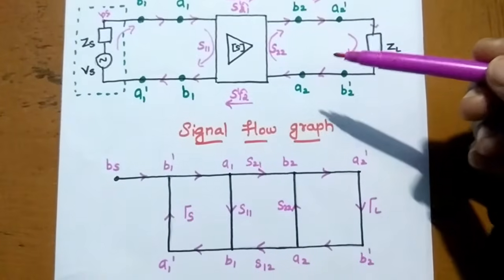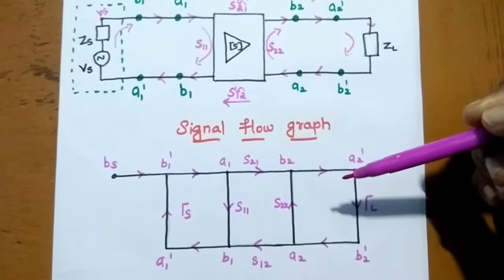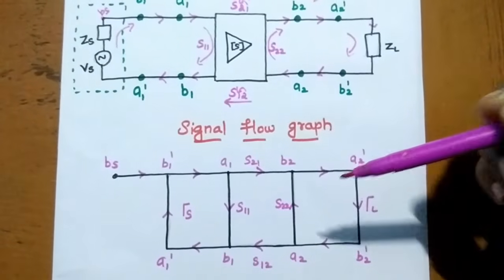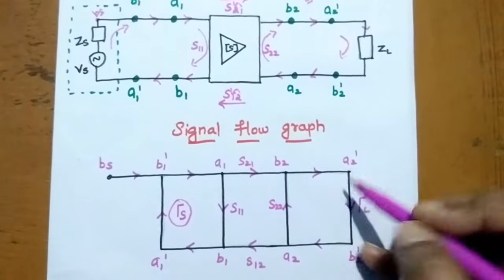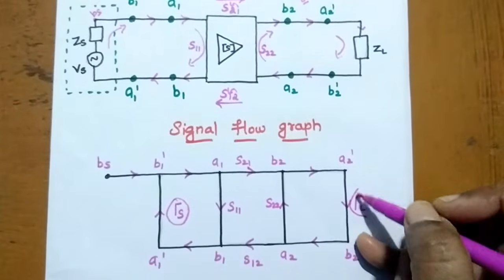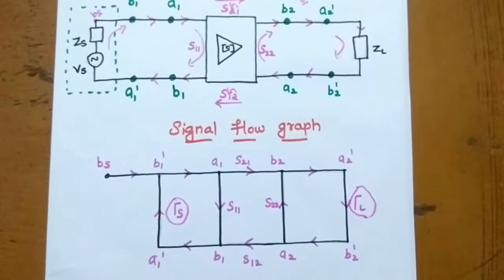We have simply drawn the simplified diagram. So in this one, what is the point of this gamma S and gamma L? We can represent them as gamma S and gamma L.